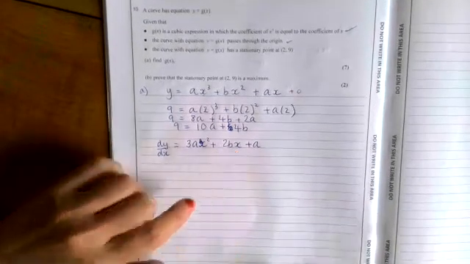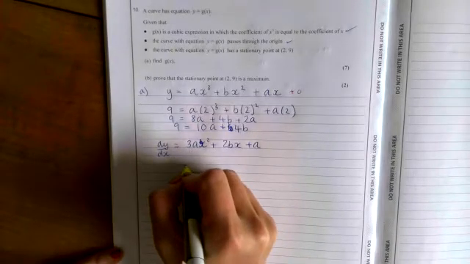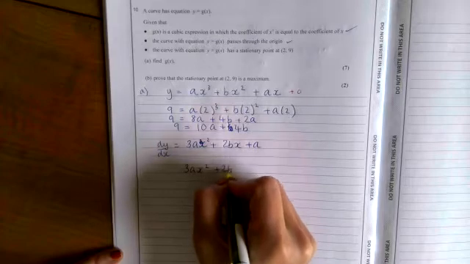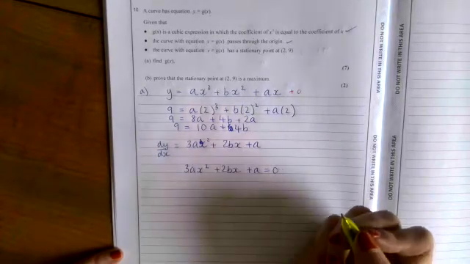And it's when that is equal to 0, so 3a x squared plus 2bx plus a is equal to 0 when x equals 2.